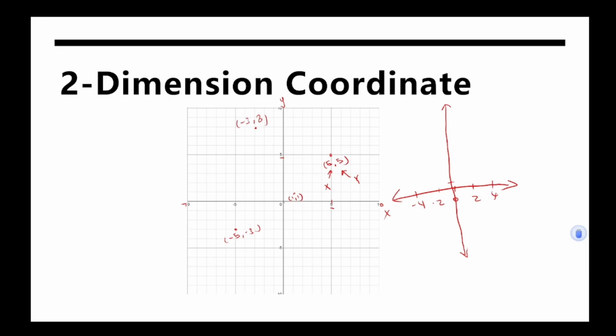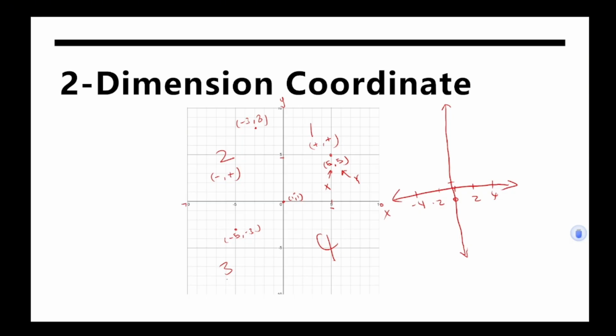Starting from the origin at 0, a two-dimensional coordinate plane is divided into 4 quadrants. This is the first quadrant, this is the second, this is the third, and this is the fourth quadrant. In the first quadrant, all the numbers are positive: positive x, positive y. In the second quadrant, the x values are negative: negative x, positive y.